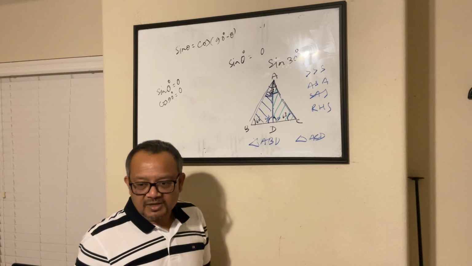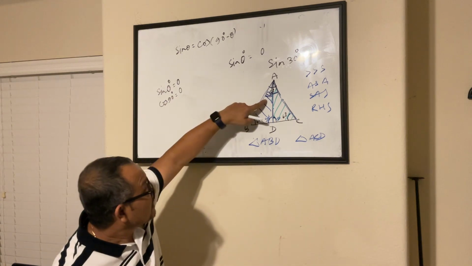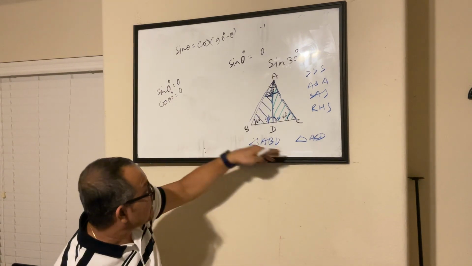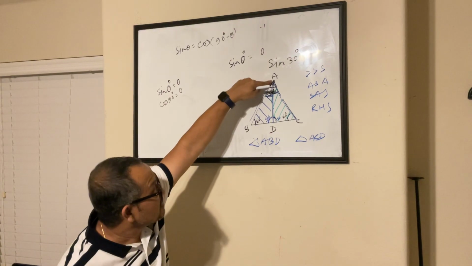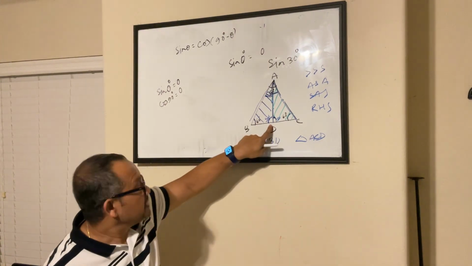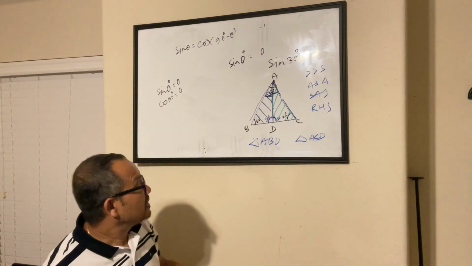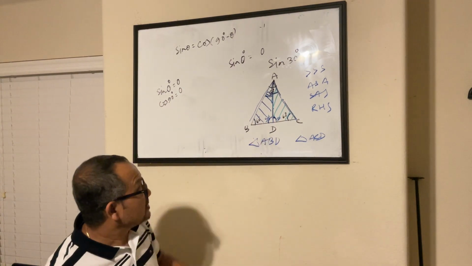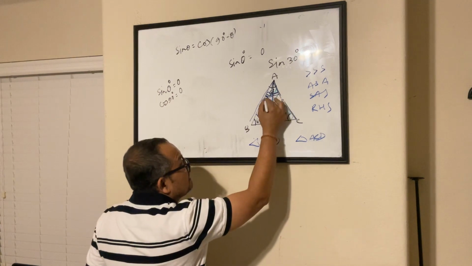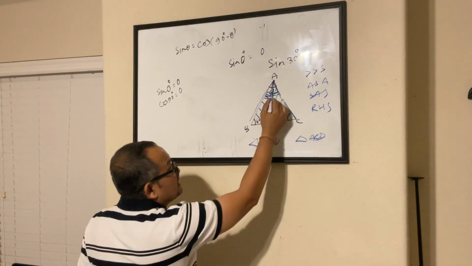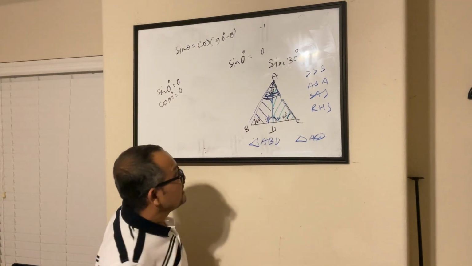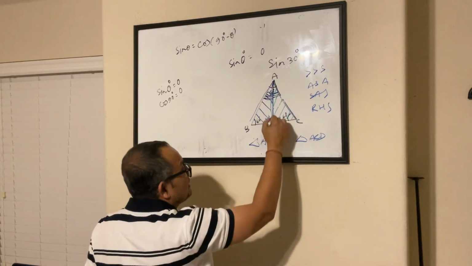Because of congruence, we found that in an equilateral triangle, if you draw a perpendicular from the opposite vertex to the side, it splits into two congruent triangles, and these two angles become the same, 30 degree. Now you pick up this triangle.